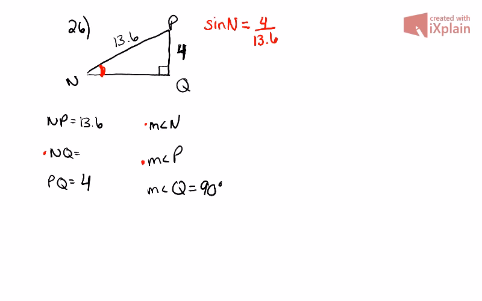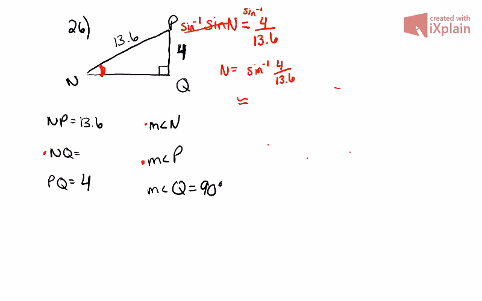Now we can use inverse sine to undo my sine on the left-hand side here. And I would be left with N is equal to the inverse sine of 4 over 13.6, which of course we can put into our calculators.